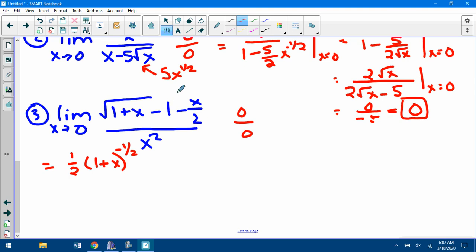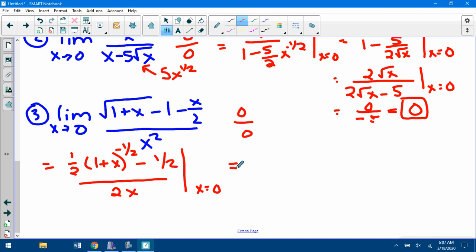The minus 1 is going to go away. What's the derivative of minus x over 2? Well, it's like 1/2 x, so it's just minus 1/2 all over 2x. What's the problem if I leave it like this? Notation, notation, notation. We got to put evaluated at x equals 0.